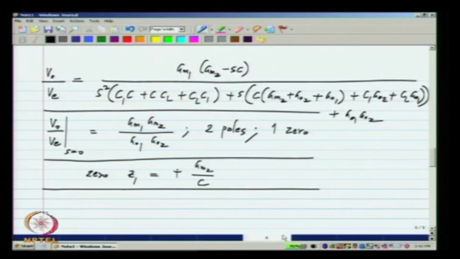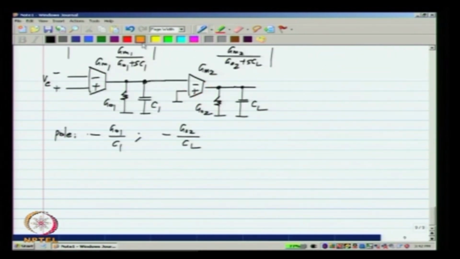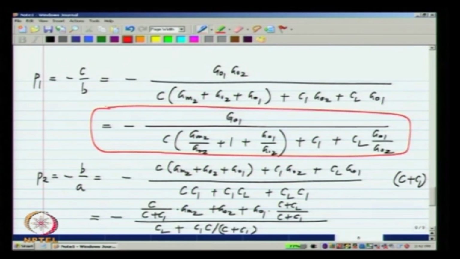Now, you also notice that the example circuit I took is exactly the same as this op amp, except that I did not have this C. In my refined op amp, I also have this capacitor C. Without that C, we can identify the poles very easily. Now, with C, we have identified the poles to be this one and that one.